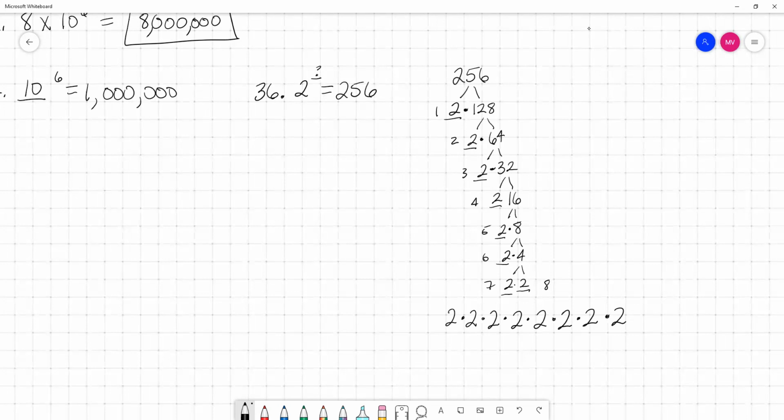So I have 8 2's, and all of those equal 256. Therefore, 2 to the power of what equals 256? 8. 2 times itself 8 times equals 256.